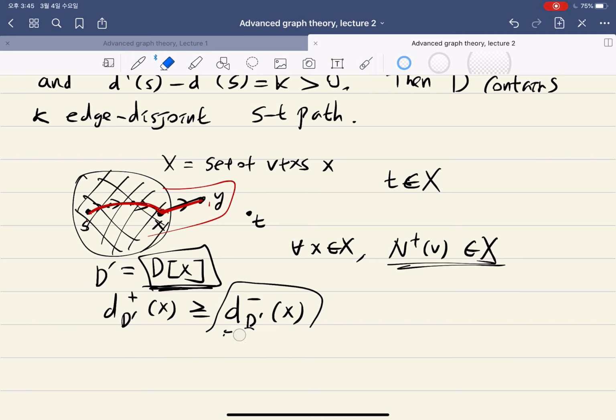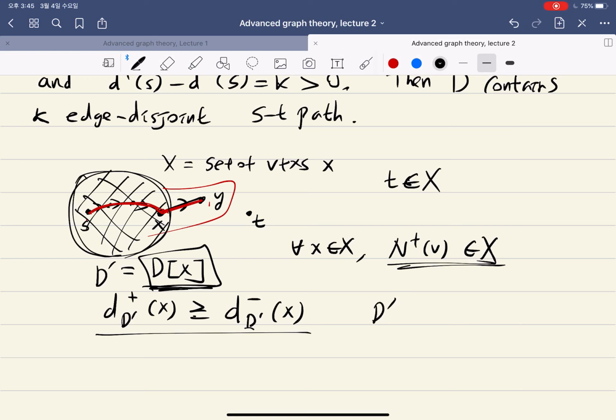So we have this inequality. This D prime is a graph satisfying this inequality: at every vertex, the out degree is at least the in degree, and at the vertex S it is a strict inequality.